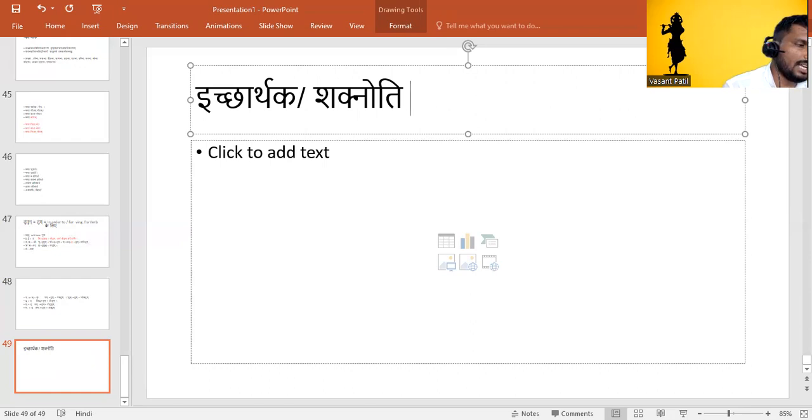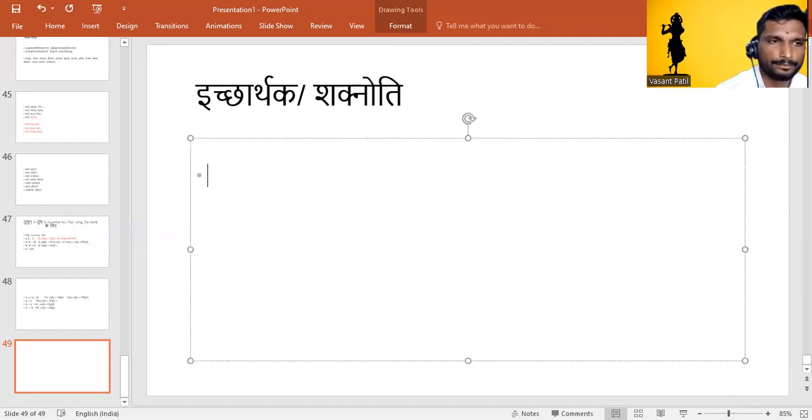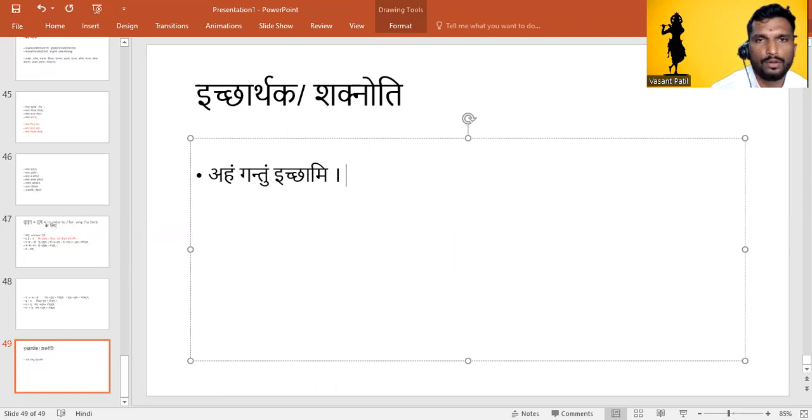इच्छार्थक धातुओं के साथ तुमुंत प्रत्यय होता है. For example, aham, gam dhatu, gantum. Aham gantum ichchami. I desire to go. If you add an object, aham gruham gantum ichchami.